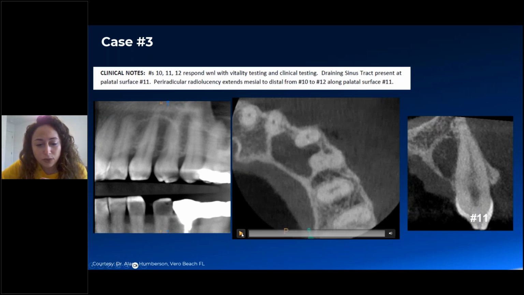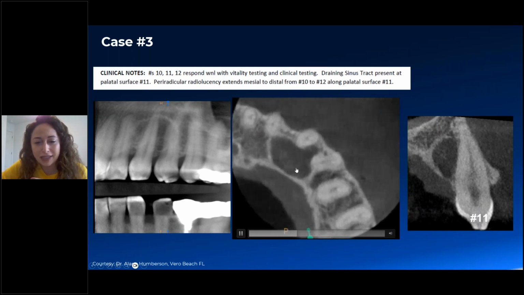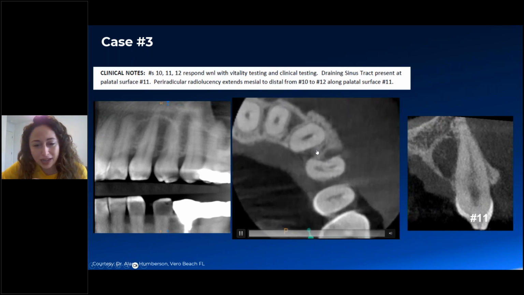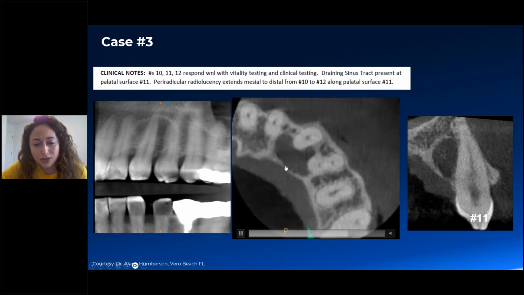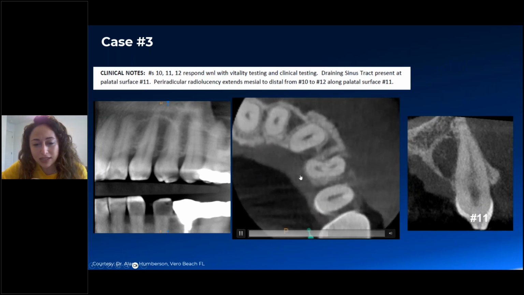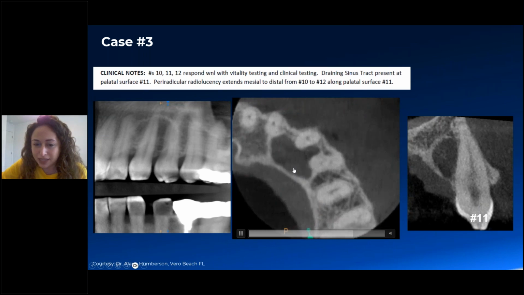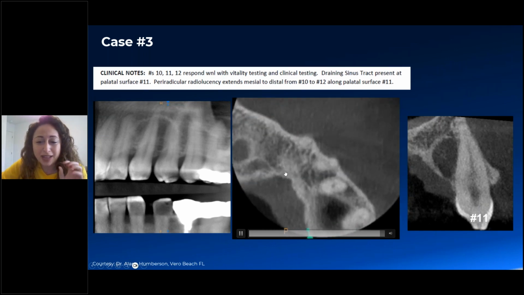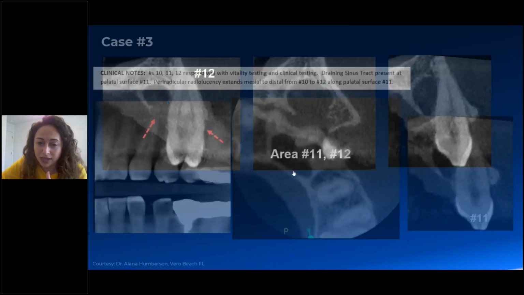So on this view, I think I can play the video. Okay, we can see that the lesion scallops between 11 and 12 and is actually causing interruption. The interruption kind of explains that sinus tract. We have thinning and mild expansion of the palatal cortex.